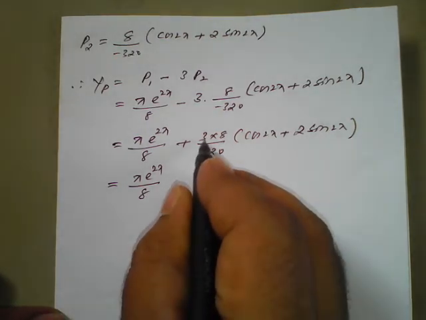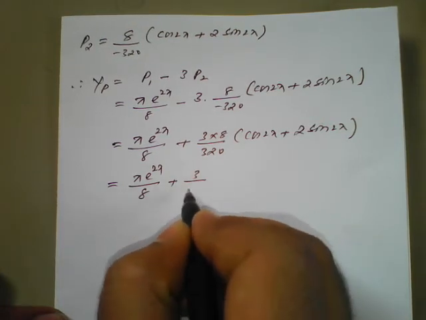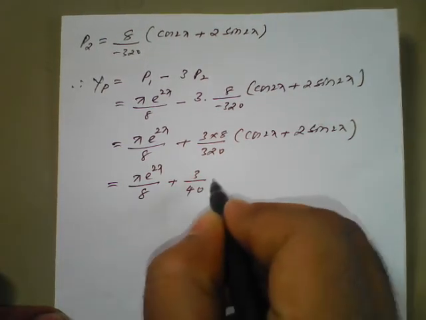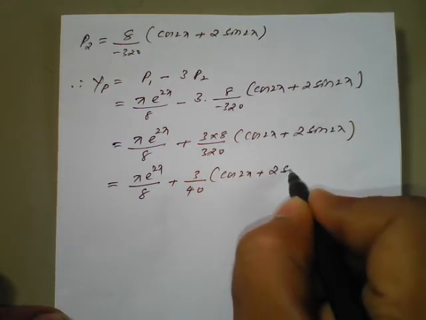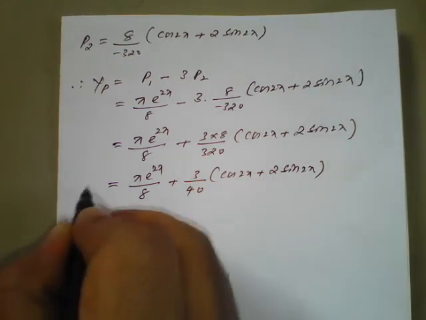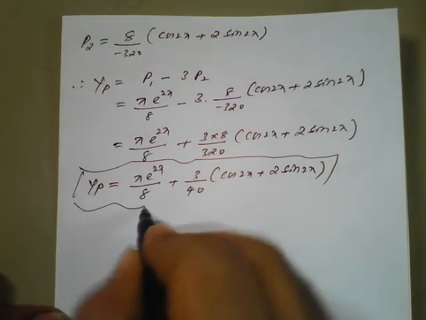If you simplify, 8 3s are 24 divided by 320 will become how much here? It will become 3 upon 40 cos of 2x plus 2 times sine 2x. This is our yp.